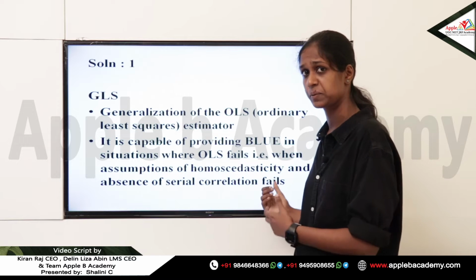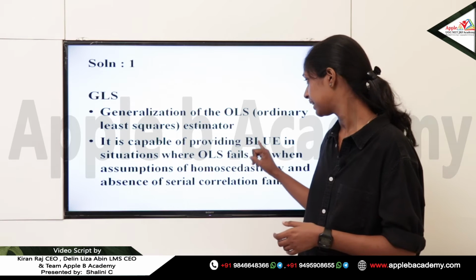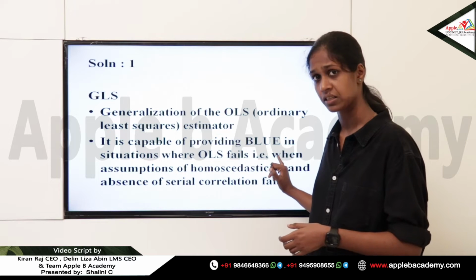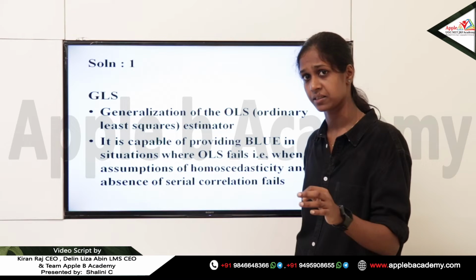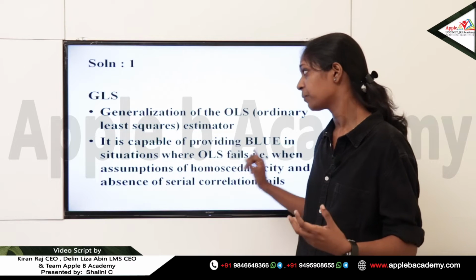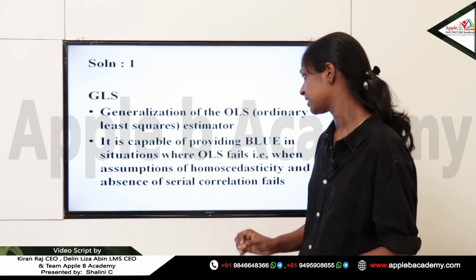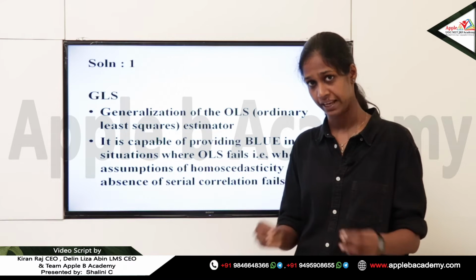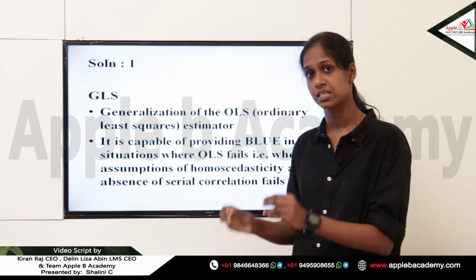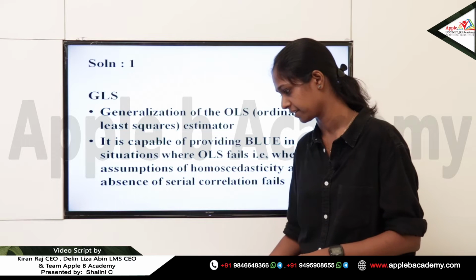This again is a concept we discussed in classical linear regression model. BLUE is best linear unbiased estimator. So applying a GLS method, we can still get BLUE even when OLS fails. So even when homoscedasticity and absence of serial correlation fail, we can still get a BLUE estimator by applying GLS instead of OLS. That's the point being made here.